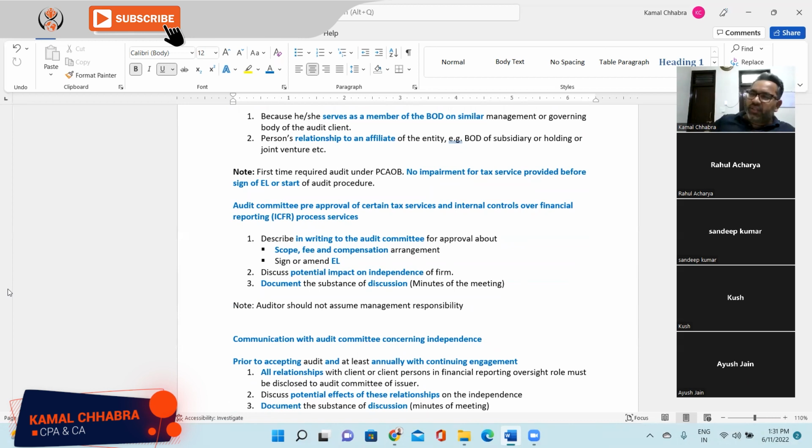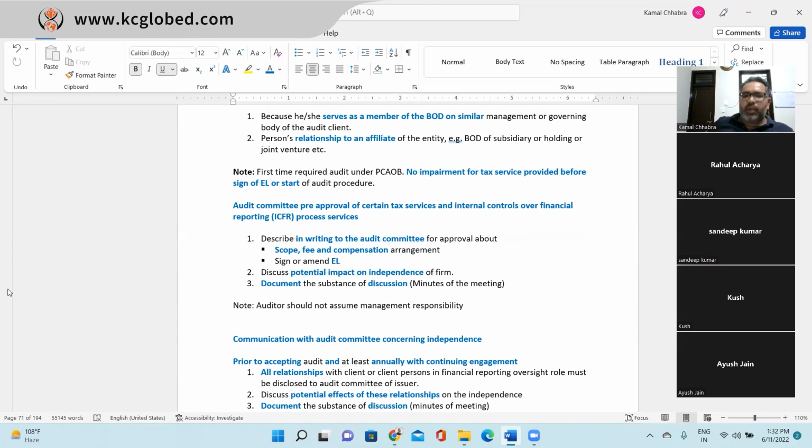So for any previous year, if you provided tax services before signing the engagement letter, before accepting the engagement or before the start of the audit, it is not impairing your independence. But after the signing of the engagement letter and after the start of the audit, if you provide any tax services that are not an exception to the general rule, then you are in non-compliance.